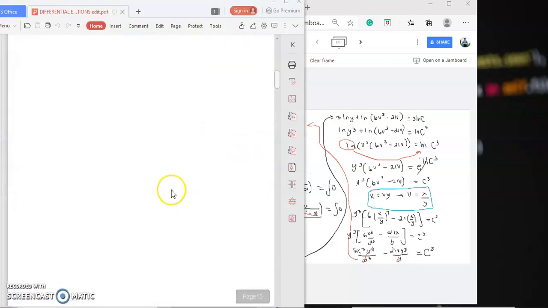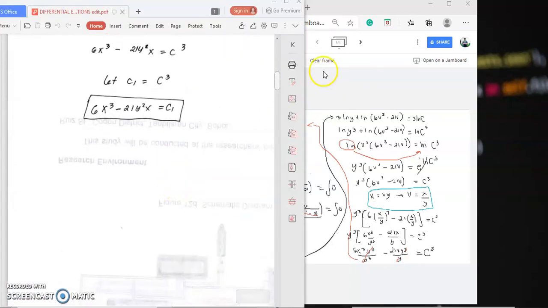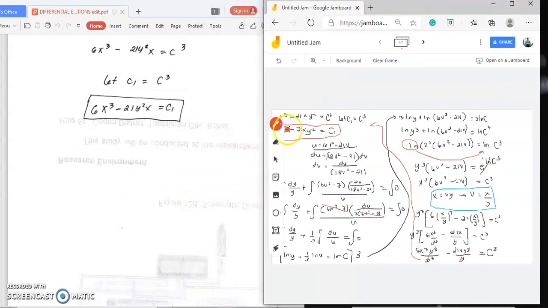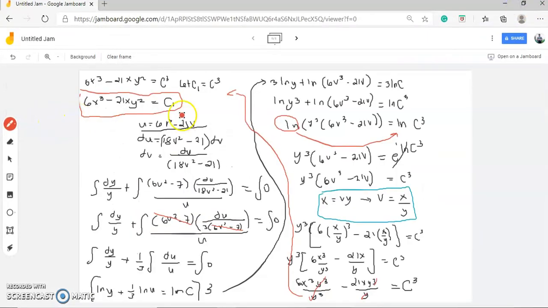So the final answer here should be 6x cubed minus 21xy squared equals c sub 1. So therefore, this is our general solution. So if you could see, the answer, if you use y, is still equal when you substitute and use x. So they still have the same general solution.